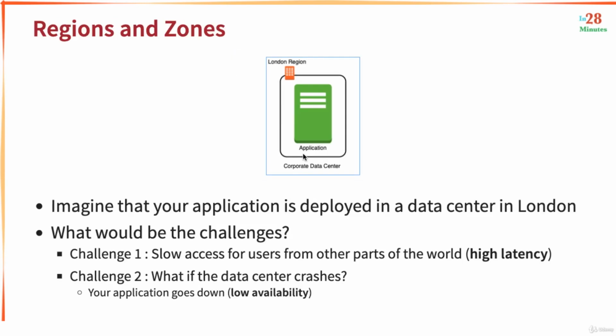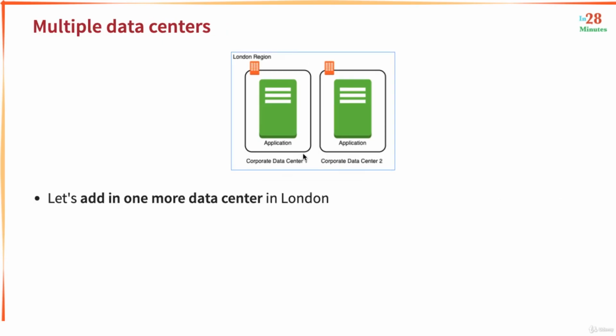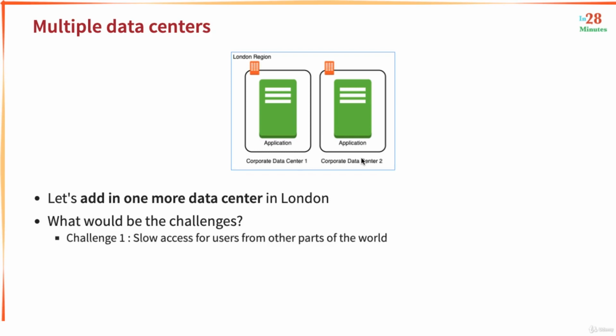Now, think about this. What can we do to improve this situation? Let's add one more data center in London. All right, so I have one data center in London. I'll add one more. So we have corporate data center 1 and corporate data center 2. Now, think about this. What are the challenges now? Let's talk about challenge 1, slow access for users from other parts of the world.